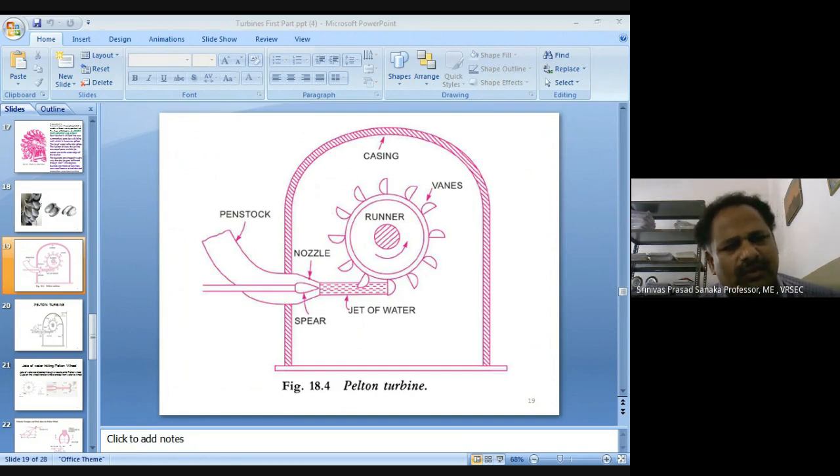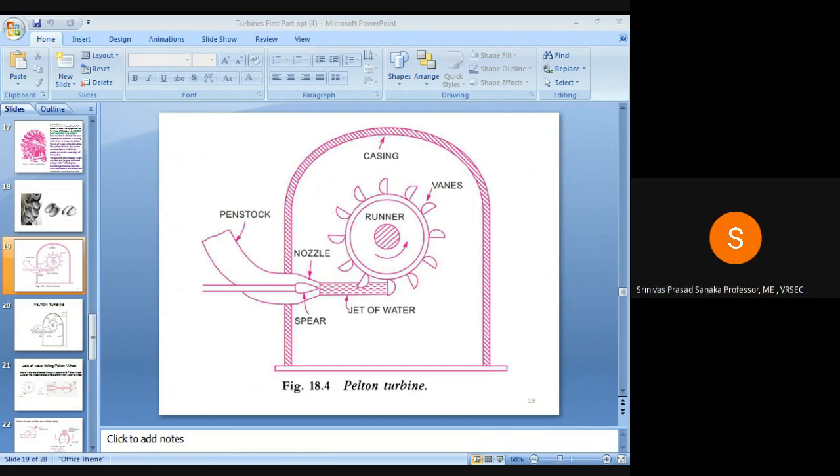Whenever more power is required, more quantity of water has to be supplied. Whenever you need less power, a low quantity of flow is sufficient to generate the power. Such regulation of the flow rate is achieved by using the nozzle and spear arrangement.